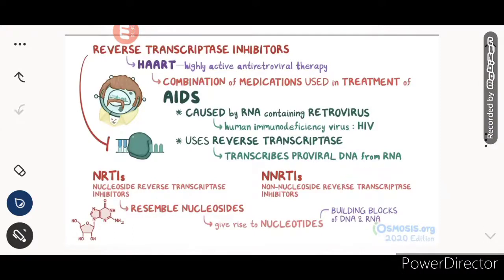So during transcription, if we insert the analogs of the NRTIs in between the forming proviral DNA, then the DNA formation can be stopped. So basically we are just replacing the nucleotides with the NRTIs and stopping the DNA replication, and hence it will stop the growth of the virus. Ultimately we just have to stop the growth of the virus, so we are doing it by the use of the NRTIs.